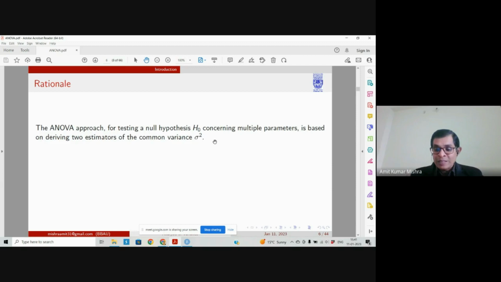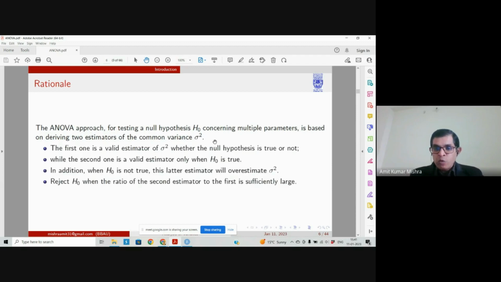This is the rationale. The first one is a valid estimator of sigma square whether the null hypothesis is true or not. That means the first formula you use to estimate sigma square, whether all the 3 populations have the same mean or not, will not be affected.